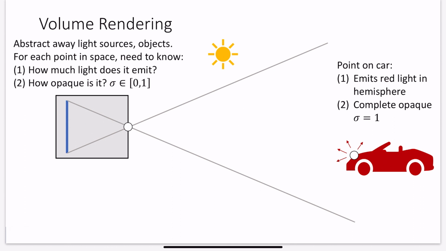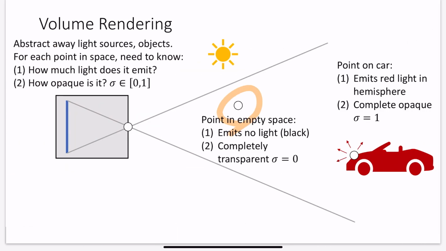For example, a point on a surface emits red light in a hemisphere like this, and it has a completely opaque value, let's say sigma equal to 1. However, a point in empty space emits no light, so it is black, and it is completely transparent, so sigma is going to be 0.